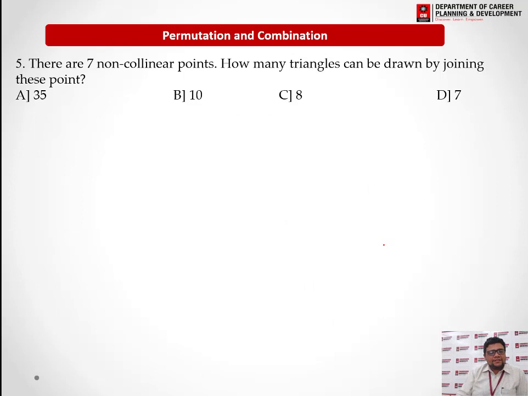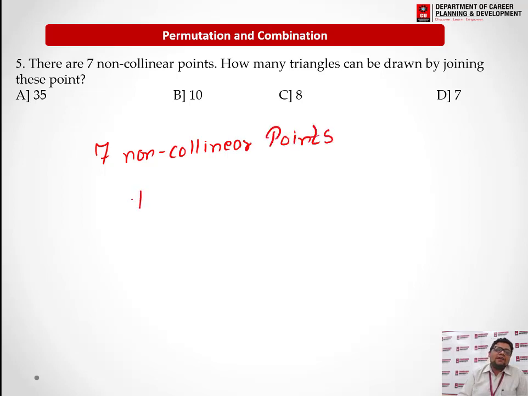Firstly, the question is: there are a total of 7 non-collinear points, and you have to find the number of triangles that can be drawn by joining these points.